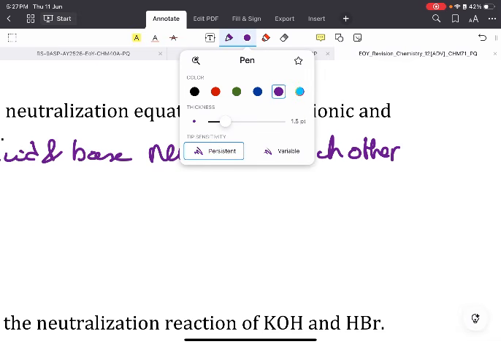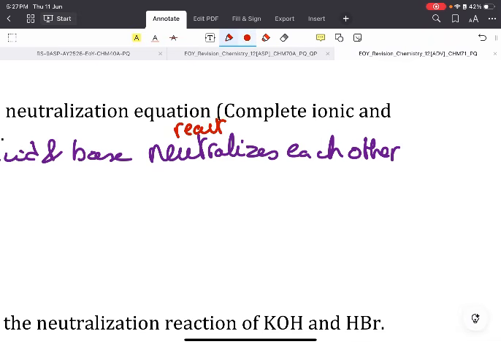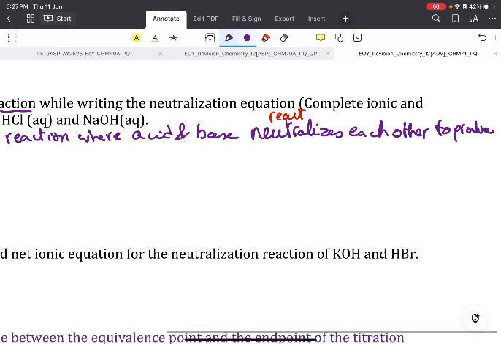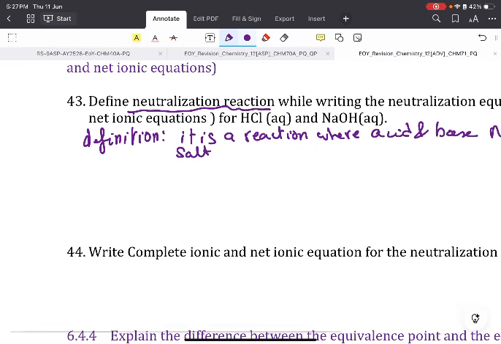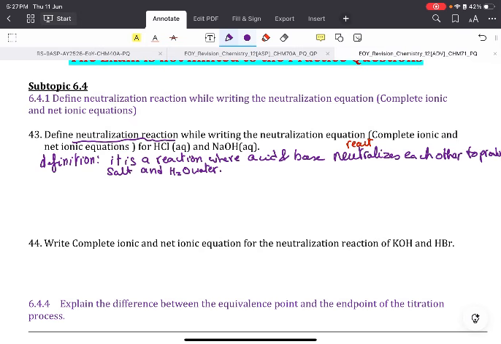I mean they react with each other to produce salt and water. That's the definition. Now, write the neutralization equation, and they want the complete ionic and the net ionic.